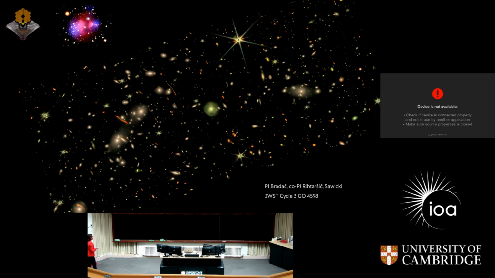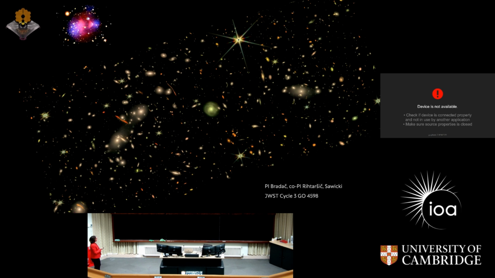So we observed Bullet Cluster in cycle 3 with NIRCam and NIRSpec. And you can see this beautiful image, and when I look at it, it still sort of warms my heart. So allow me a brief excursion of not talking about high redshift galaxies, but talking about Bullet Cluster.